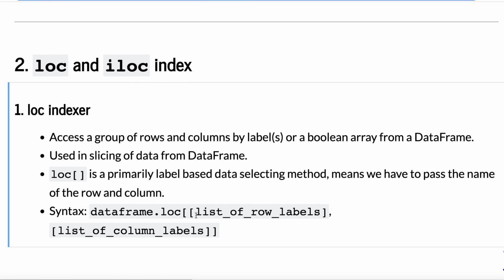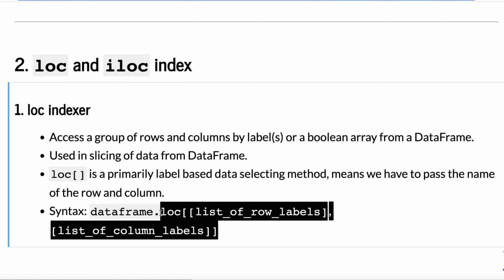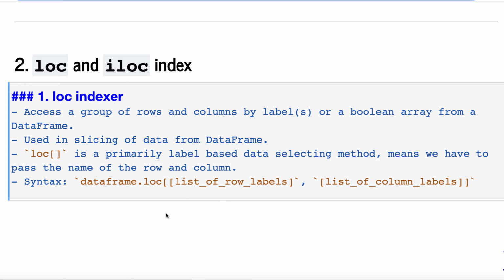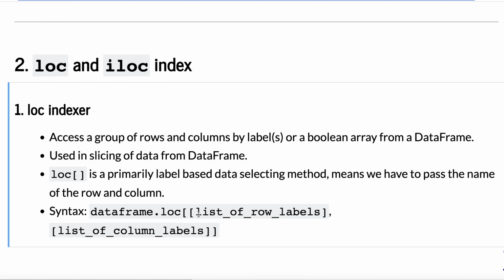As I have shown you before, you can pass on the row labels as well. If you do data frame dot location, the first bracket would be your row, second bracket would be your columns that you want to use to filter the data. Remember, location uses the exact value, not the index of it.